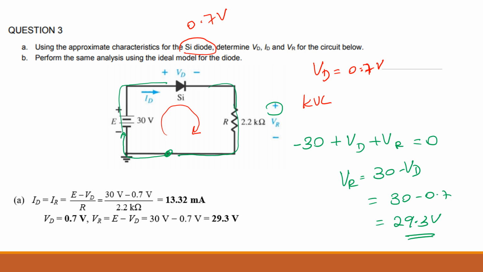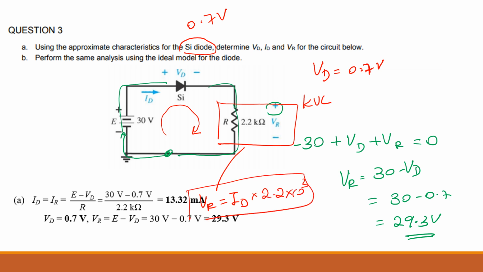You can find ID if you consider the voltage here. VR equals ID times 2.2 times 10 to the 3. V equals IR, isn't it? The only thing that you don't know there is ID. Make sense? So ID equals VR, which you found is 29.3, divided by 2.2 times 10 to the 3.